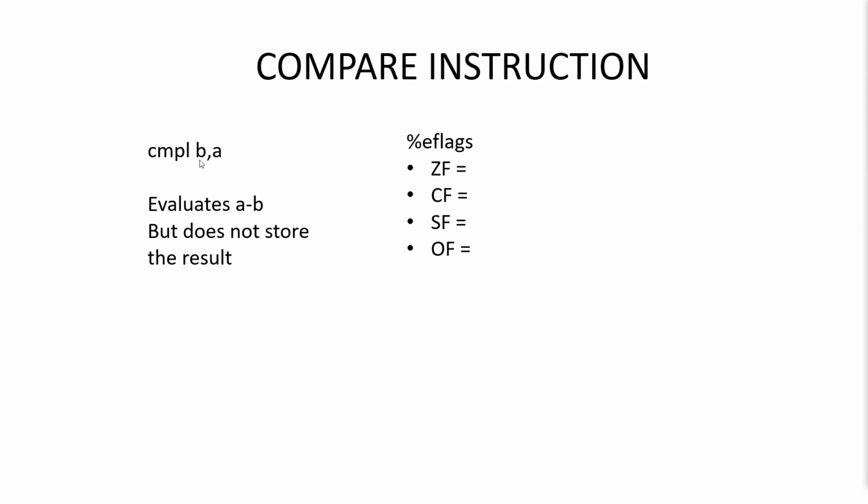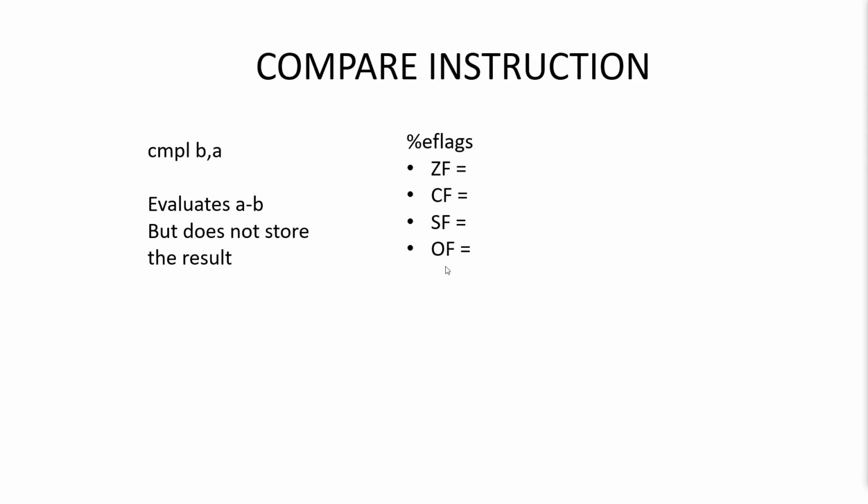This is comparing B and A, so again it would be source, destination. Essentially what it's doing is a subtraction, A minus B, because we flip those around. The source is the one that gets subtracted from the destination. So this is evaluating A minus B, but it's not going to store the result. It doesn't do anything other than set the condition flags.